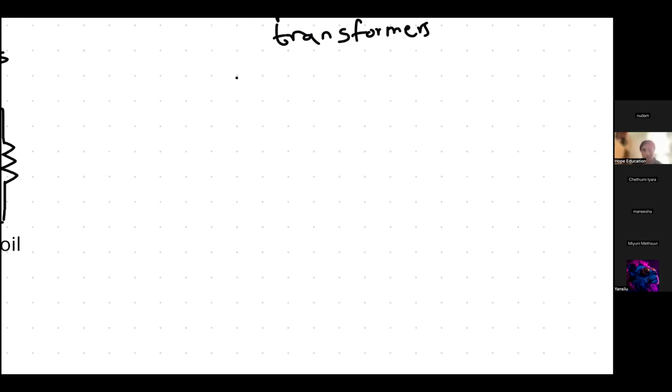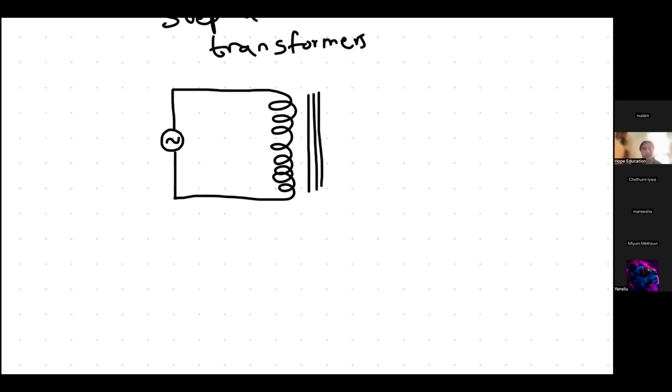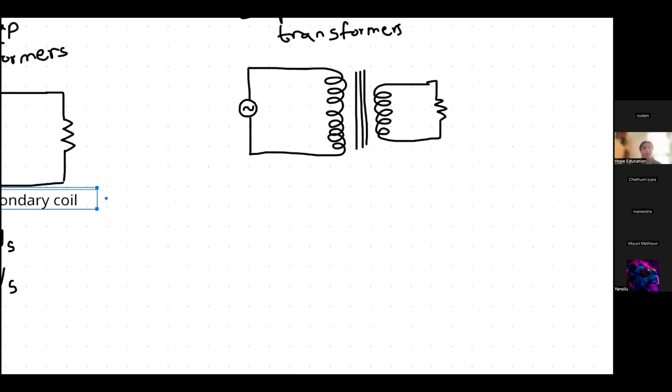Like this, here is the primary coil, and this is my secondary coil.